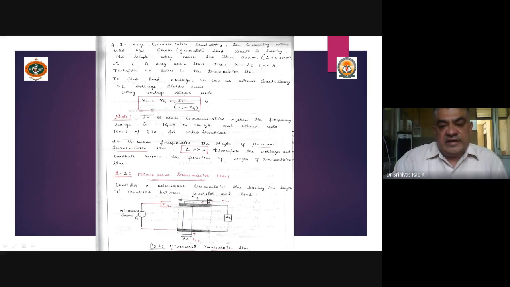We consider this as a length of L. When we have a transmission line of length L, we can consider a small portion dz, a small section for the purpose of calculation. So I'm taking a source and load, then the source impedance, then the length of the transmission line, which is the total transmission line I'm talking about. And in that whole length, I consider a small portion of transmission line, dz.